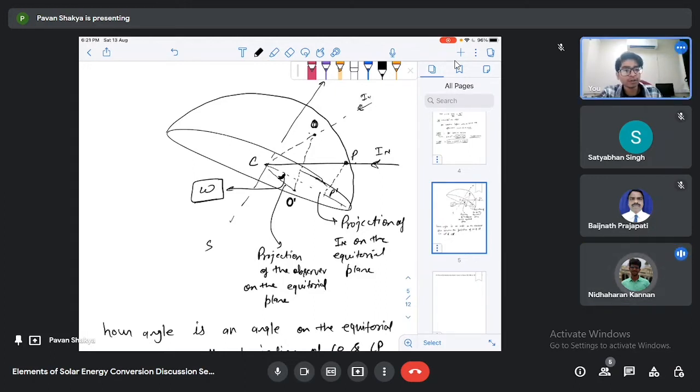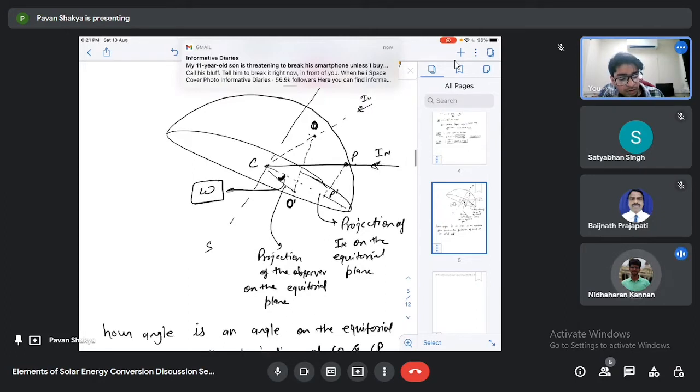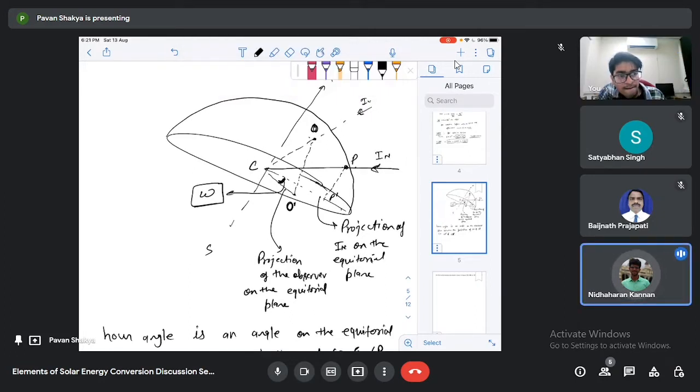Sir, could you please plot this minus 180 degree and plus 180 degree on the diagram? Could you just repeat your doubt? Could you please point the minus 180 and plus 180 degree on the diagram? Yes. As I have told you, at solar noon the sun ray will be perpendicular to this location O, and with time it will be moving.